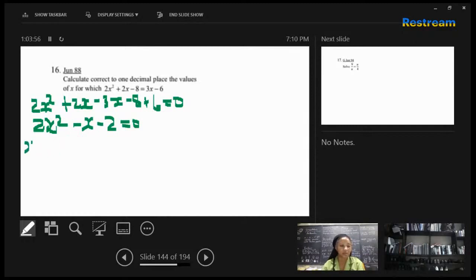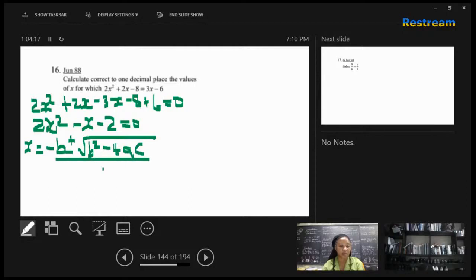Again, x is negative b plus or minus the square root of b squared minus 4ac, over 2a.